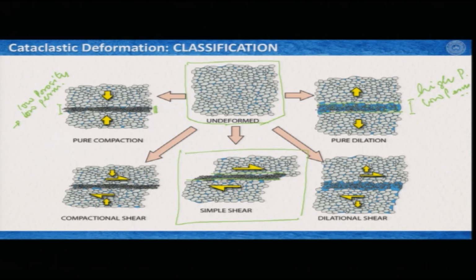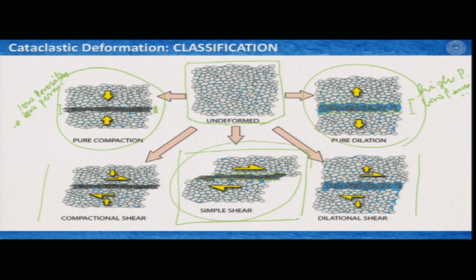Now, if compaction and simple shear combine together, then you have something called compactional shear, and if simple shear and dilation combine together, then what you get is dilational shear. So, these are the 3 end members: pure compaction, pure dilation and simple shear, and any combination between them can happen.